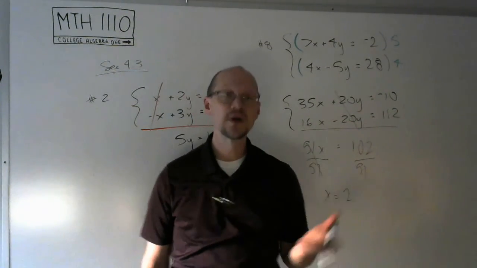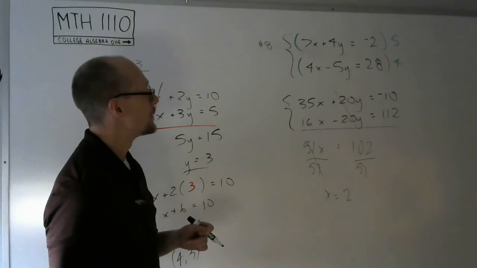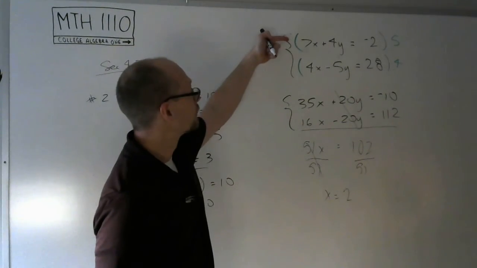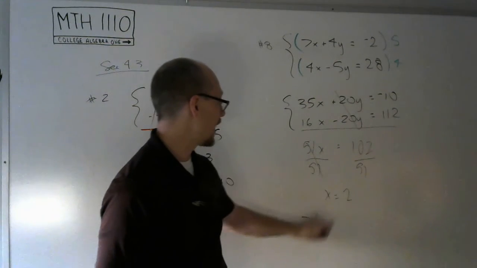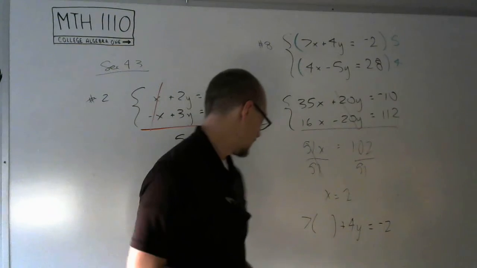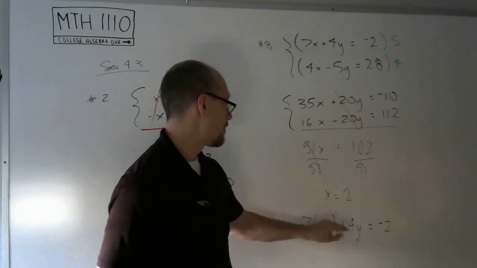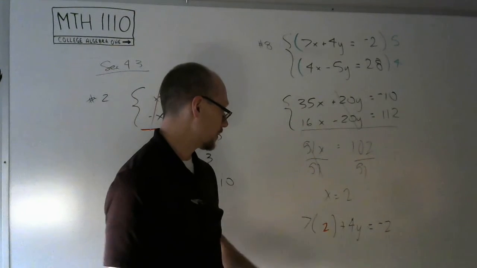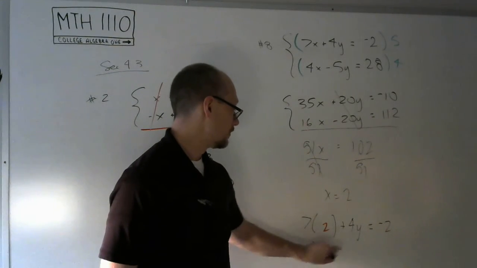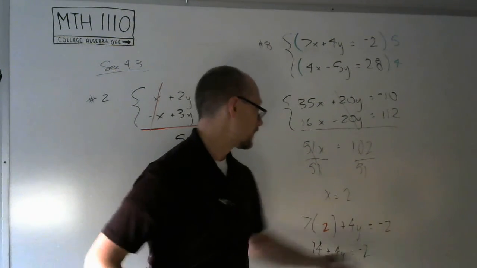So if x equals 2, now I just pick one of those other equations. I think I'll do the top one. 7x plus 4y equals -2. What did we find for x? 2. So that's going to be 14 plus 4y equals -2.